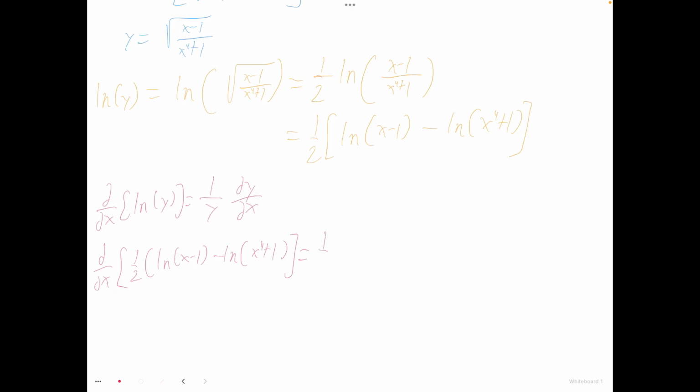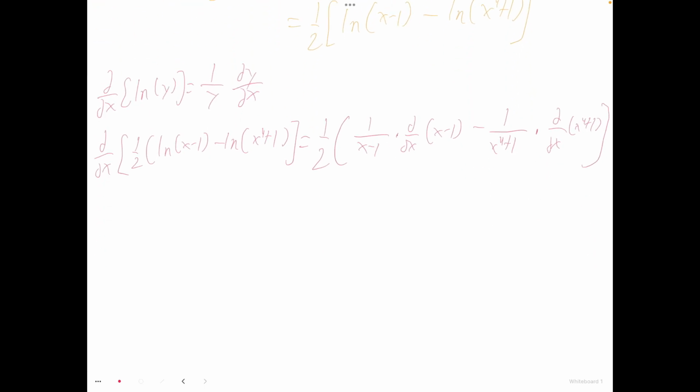So this is going to be 1/2 times the derivative of ln of x minus 1. It's going to be 1 over x minus 1 times the derivative of x minus 1, minus 1 over x to the fourth plus 1 times the derivative of x to the fourth plus 1.